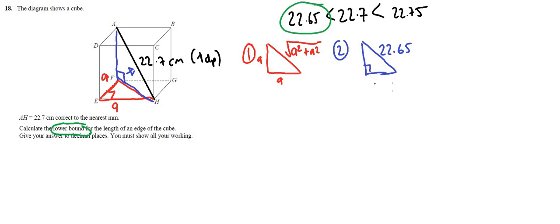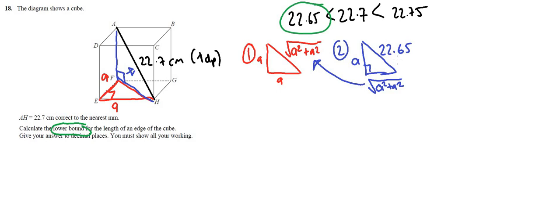The bottom part of that triangle is the square root of A squared plus A squared, because that's what my base is sitting on. Remember that this side is one of the sides of our cube, so that's just A, because all the sides are the same length.